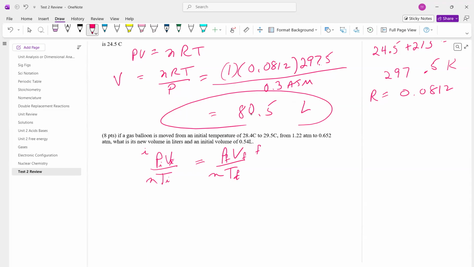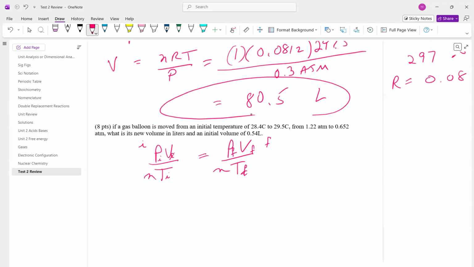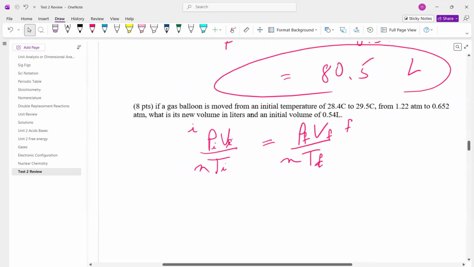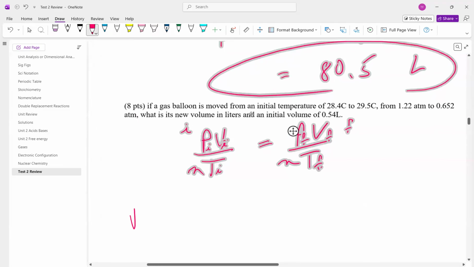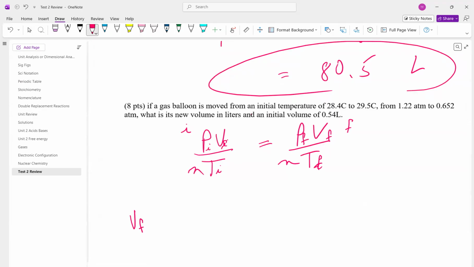Okay, so we want to know the final volume. Okay, so if we put all these numbers in, this is what we want to find right here.